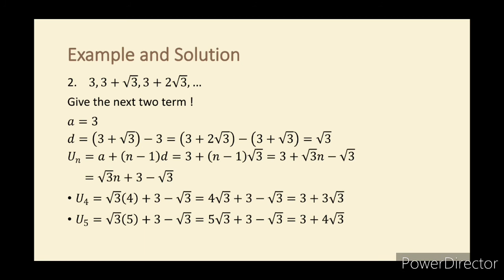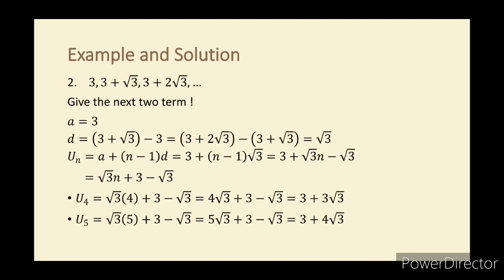So the next two terms are the fourth term and the fifth term. Fourth term equals square root of 3 times 4 plus 3 minus square root of 3 equals 4 square root of 3 plus 3 minus square root of 3 equals 3 plus 3 square root of 3.